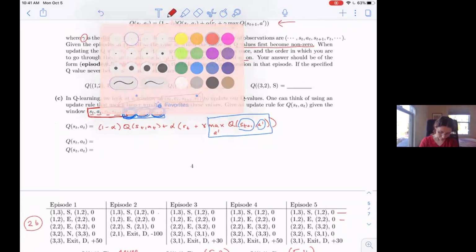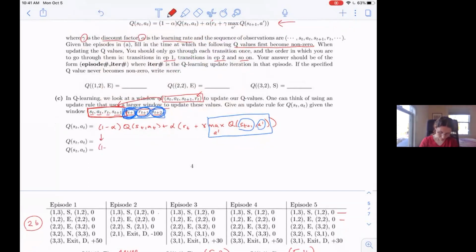I'm going to rewrite here (1 minus alpha) times Q of s_t, a_t plus alpha times r_t plus gamma. But now we're going to do another Q learning update in here.